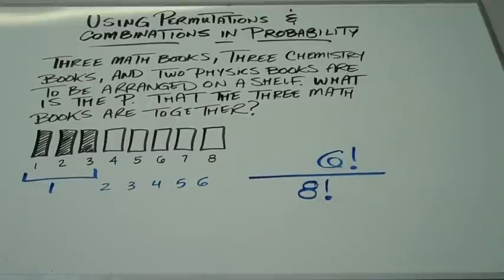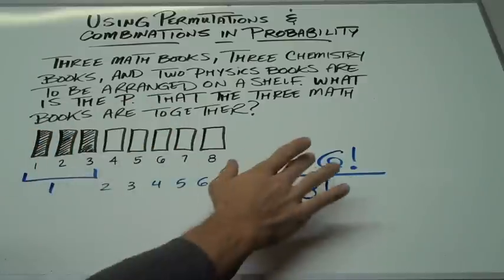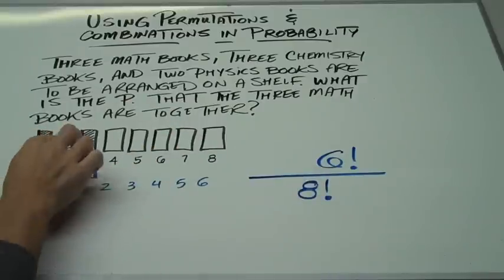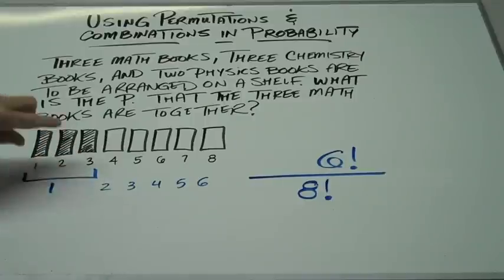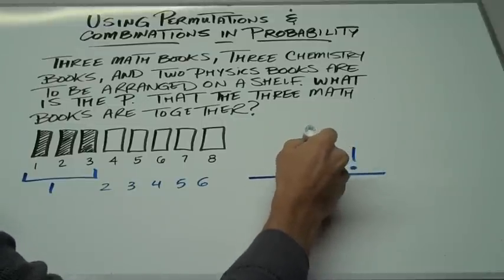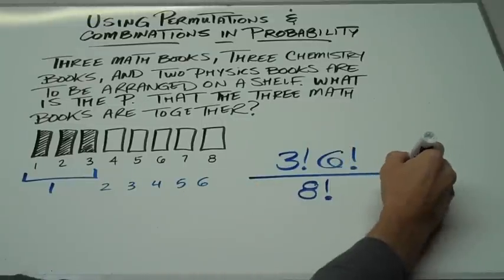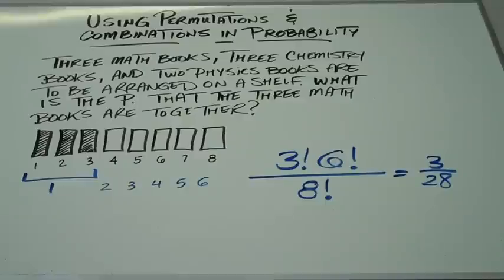But within this 1 big unit, I can change the order of the math books, switching this one first and that one second and this one third, etc. So how many ways can I arrange 3 different objects? 3 factorial. If I simplify this, I'll get 3 out of 28. That's the probability that the 3 math books are together.